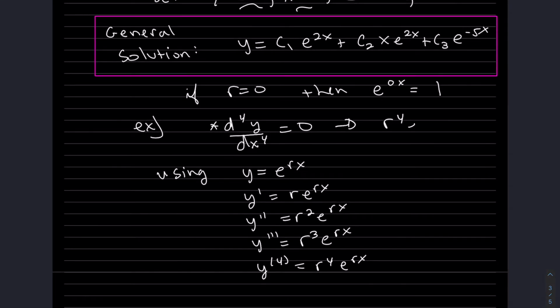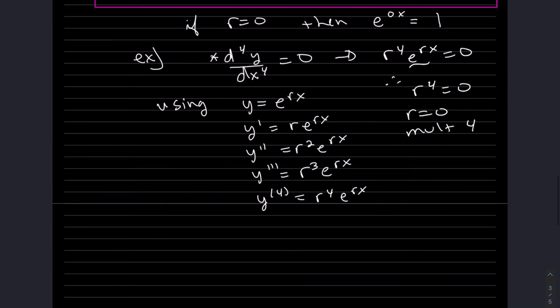It's r to the 4th e to the rx equals 0. So this can never equal 0. Therefore, r to the 4th is equal to 0. So it's r equals 0, multiplicity 4. So it's e to the 0x, which is just 1.